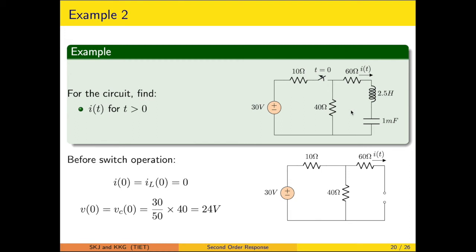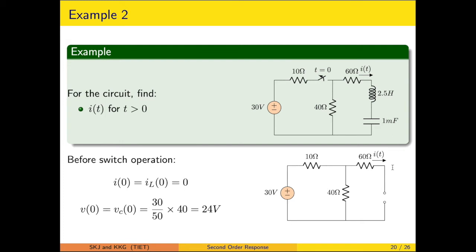However, the initial current and voltage will be decided by the conditions before the switch operation. Before the switch operation, the capacitor will get fully charged, and the inductor will behave as a short circuit, but when fully charged, the capacitor will emulate an open circuit.